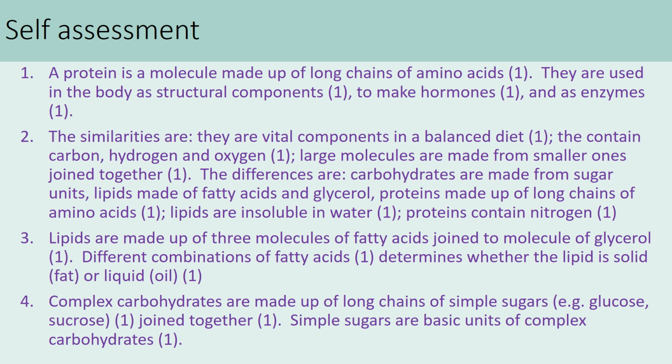Finally, number 4 was explain how simple sugars are related to complex carbohydrates. So hopefully it said that complex carbohydrates are made of lots of simple sugars that are joined together, which would be a mark, and that simple sugars are the basic units or the monomer of carbohydrates.